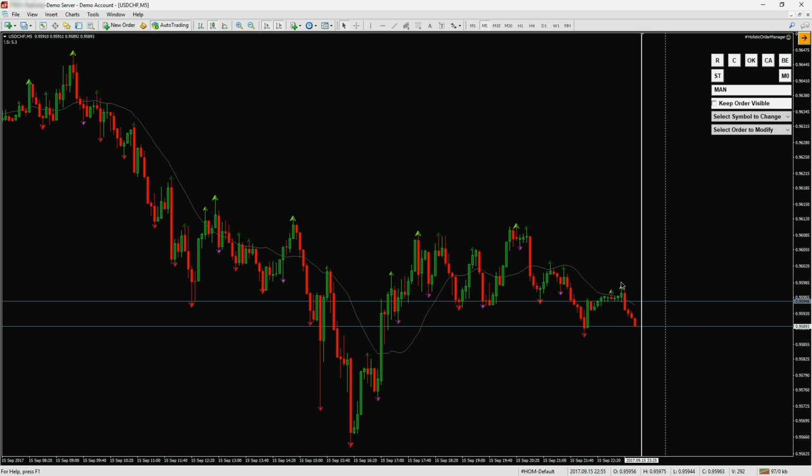Let's do it again. Control, click. Our entry price is again 0.95990. Here you will see that it will open your trade with 0.3 lots. Because of the changes in bid ask price, you now see that the risk is 15.1 pips, which is about $33, a little less than 1%.